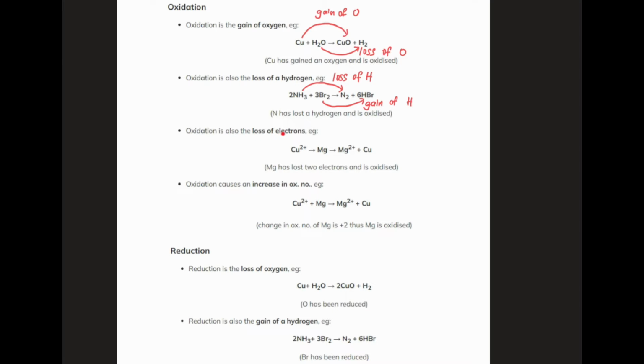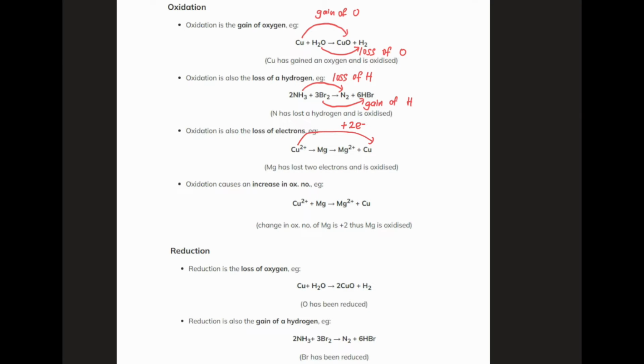Now the next one. Oxidation is also the loss of electrons. So let's see an example. Cu2+ to Cu. How can this become Cu? It must be receiving 2 electrons. 2 plus, then you take 2 electrons, so you minus 2 from the charge, then you get no charge. Plus 2 minus 2 becomes 0.